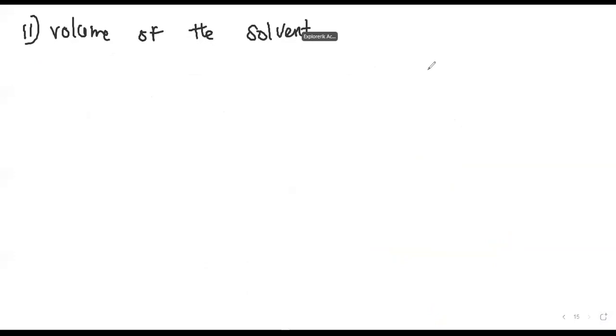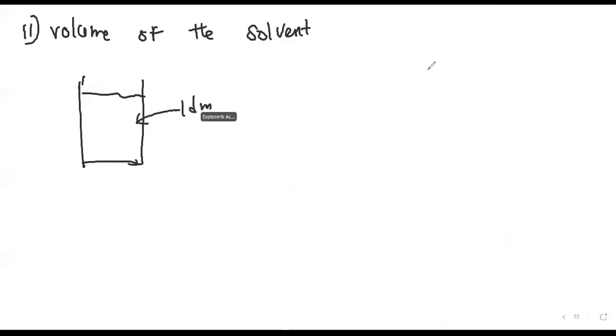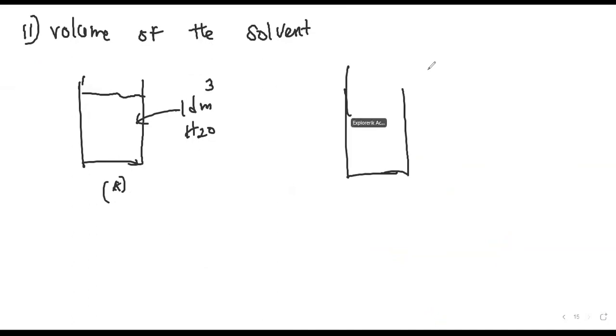Now, I take two beakers, right? The first beaker contains 1 decimeter cube of water, that is beaker A, and beaker B contains 2 decimeter cube of water.